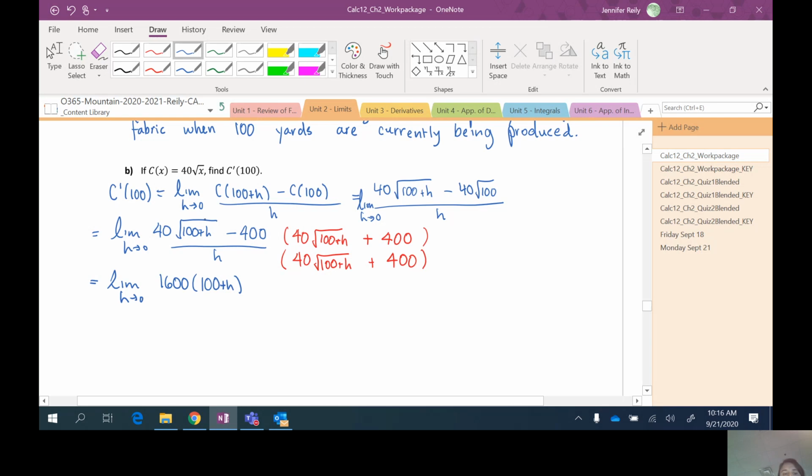You can save some time here because the middle two terms, when you expand, are going to cancel out because they're opposite signs. And so I'm just going to write the last two terms. 400 times 400 is 16 with 4 zeros.